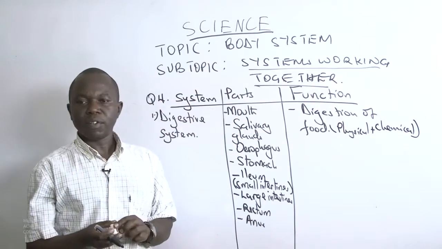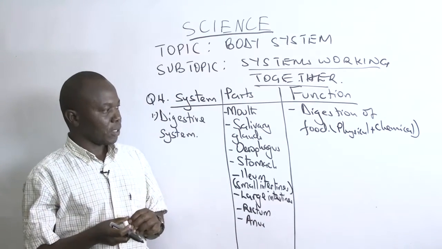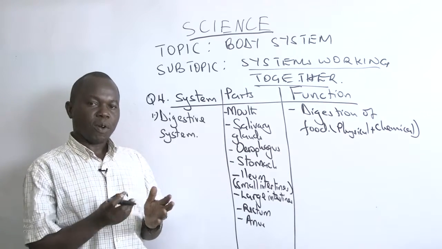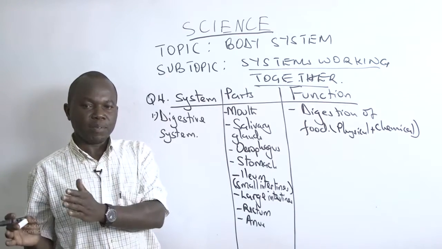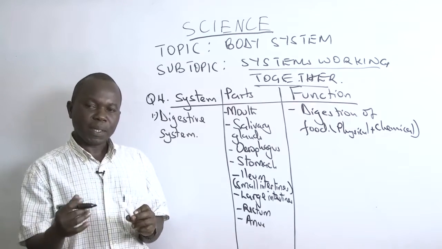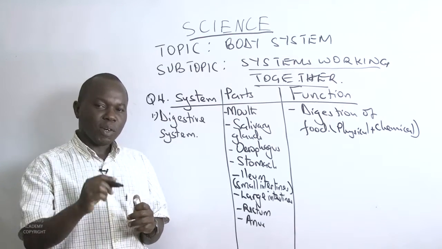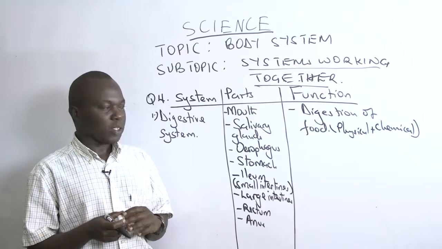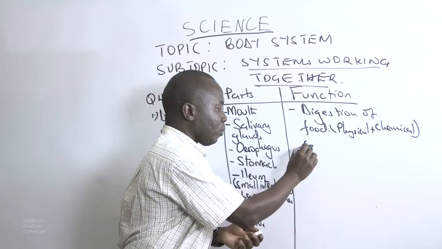Chemical digestion involves use of enzymes. The enzymes will break down food materials from complex to simple form. There's a difference between complex and large, and small and simple form. A material could be small but not complex.